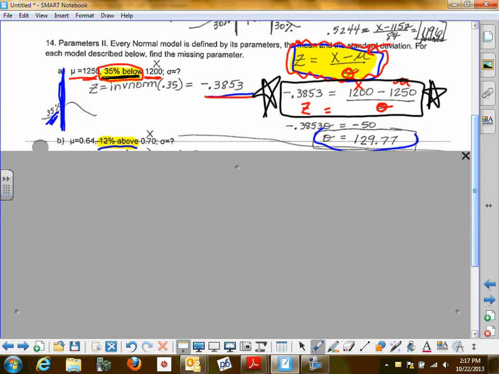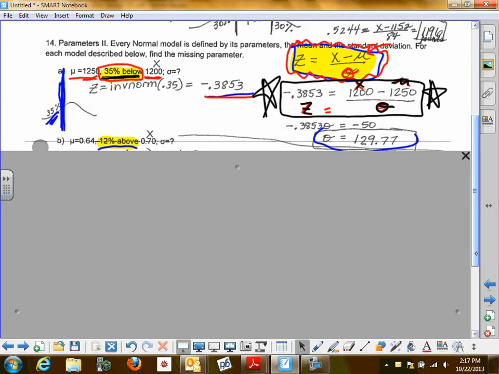And the reason is because this is your identification of all the values. This is telling the grader that negative 0.3853 is the z-score, and that 1200 is in the place of the x, and that mu is 1250, and that you are solving for that standard deviation. Okay? So this is required. So it's not extra information. I have to have that written down.